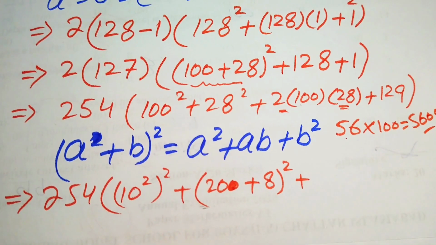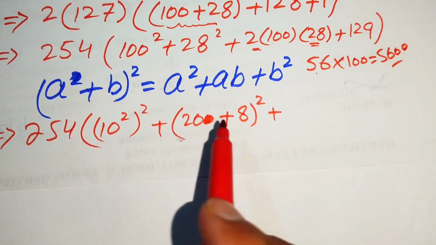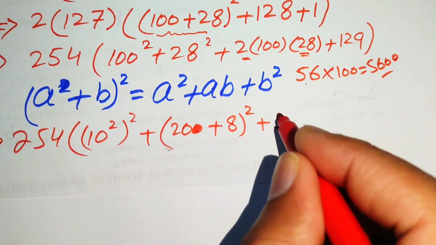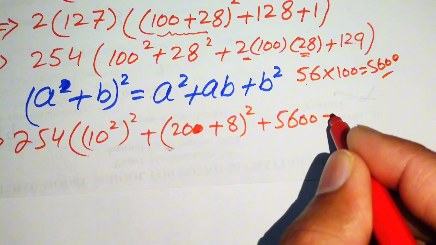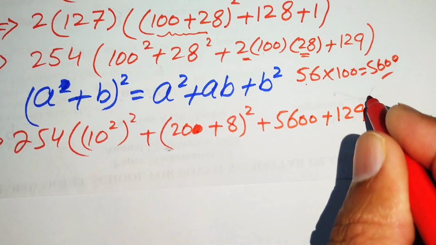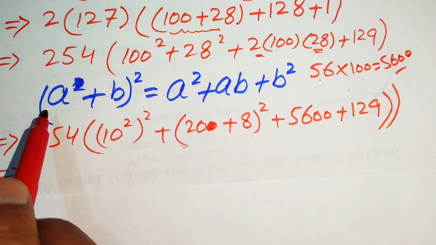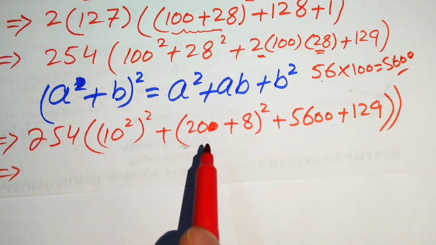So we just directly substitute the value of this term, which is 5600, plus 129. And now in the next step, we again use this square identity on this term.